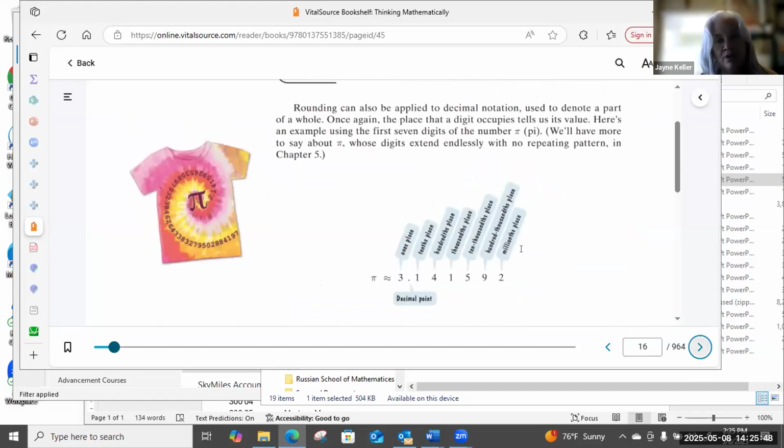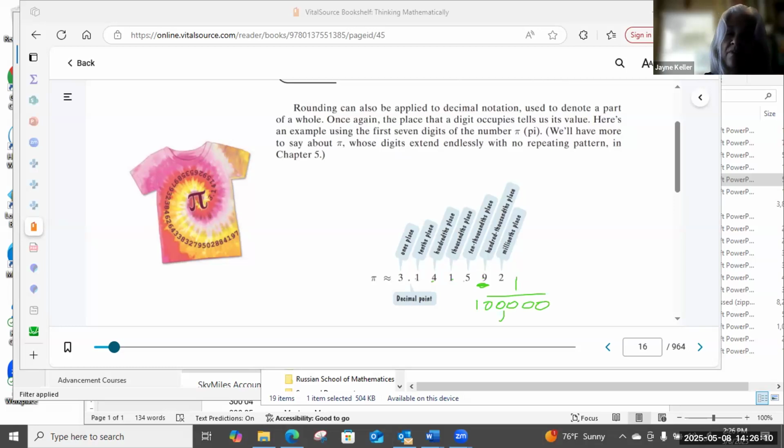And remember, you can figure out which place it is. For example, if you think about this place here, it's 1, 2, 3, 4, 5 to the right of the decimal. That means these are a 1 with 5 zeros, 100,000ths.